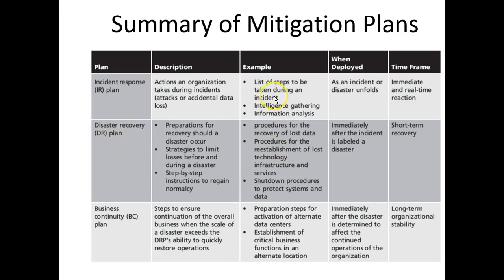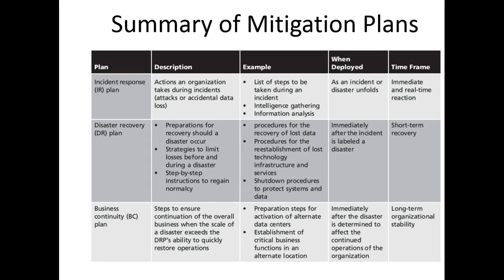For the disaster recovery plan, an example would be that you need to develop a procedure for the recovery of lost data. Also, you need a procedure to establish the loss of technology infrastructure and services, and a plan for how to shut down. Sometimes you need to shut down the system in order to protect it from that attack.